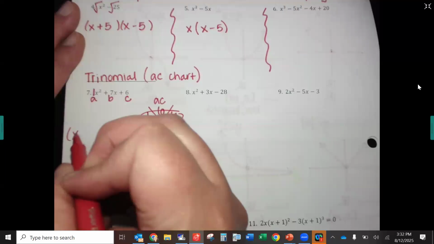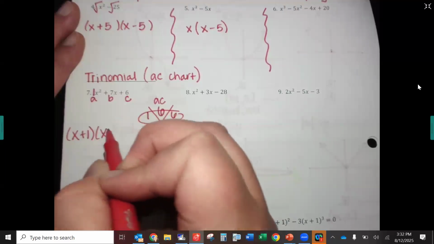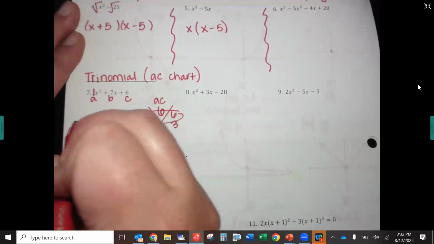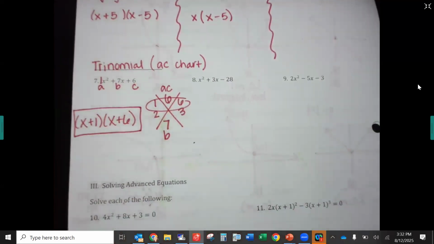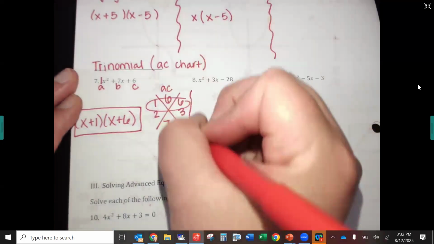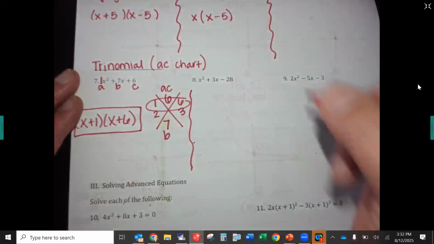Then it'll be x plus 1 and x plus 6. Now, if my basement number in the middle had been 5, then I would have picked the 2 and the 3 and done an x plus 2 and an x plus 3. Okay. So let's run through number 8. Set up your AC chart.